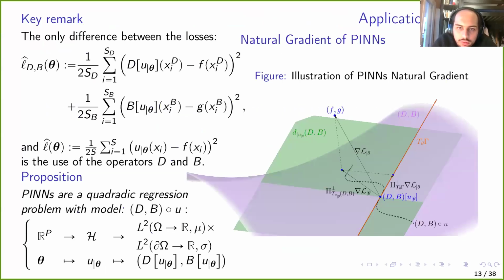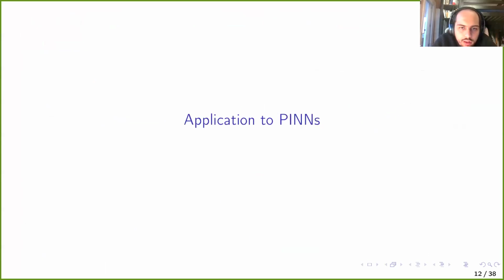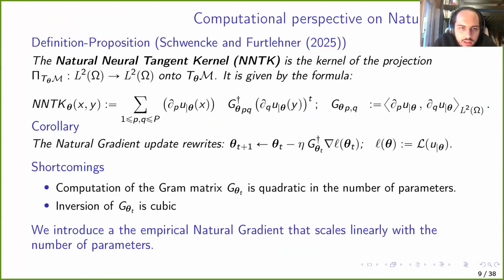Okay. In fact, if you look at the NTK, yes, here, you can see the inversion of the Gramian as a rescaling. There are two things: the numerical interpretation and the theoretical interpretation.